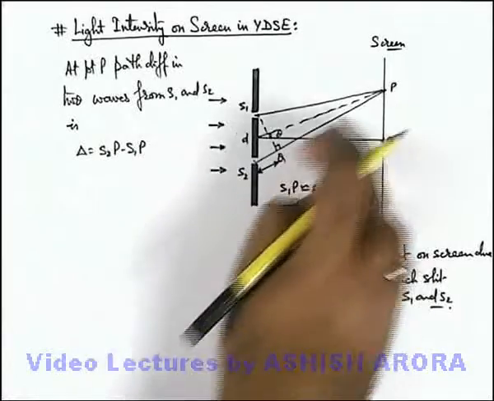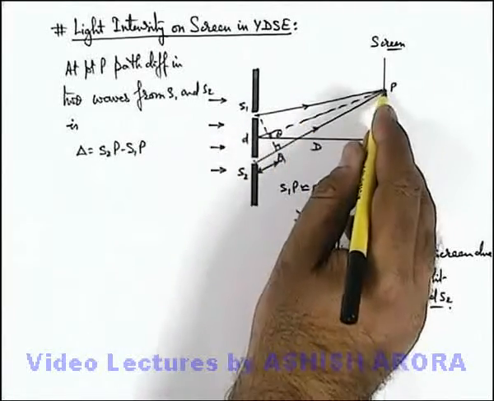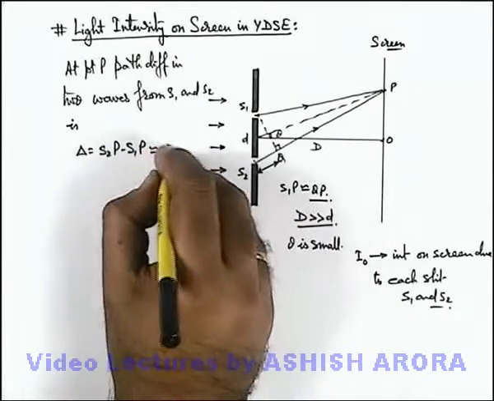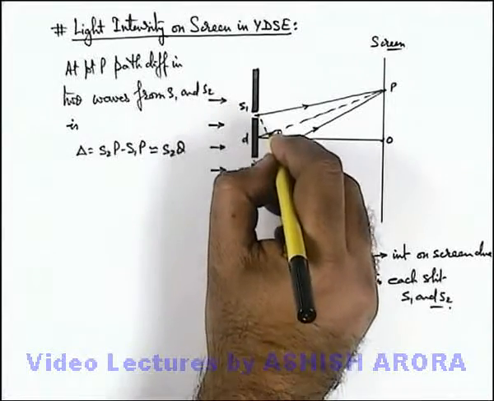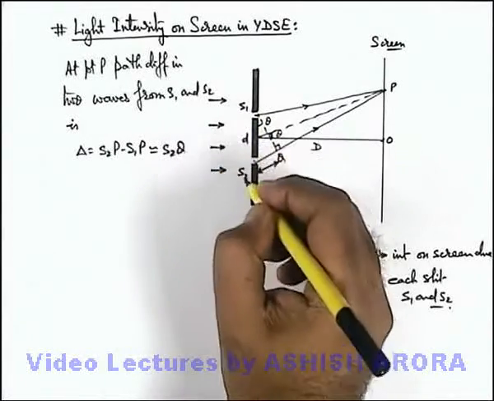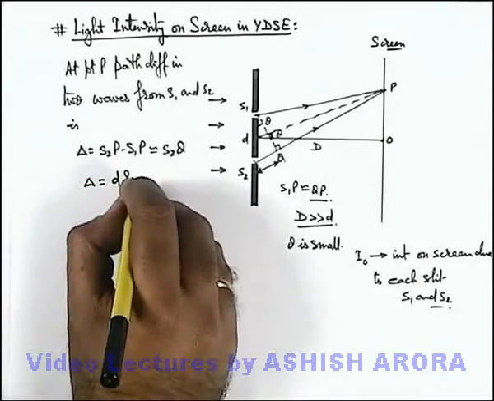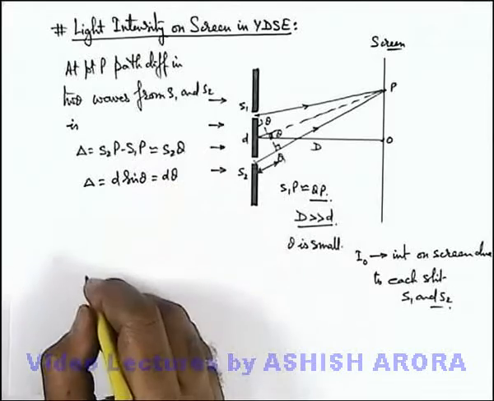This is the difference of physical path traveled by the two waves when these will interfere at point P. And this can be approximately written as S2Q as theta is small. And here if this angle is theta, this can also be taken as theta. So this distance can be written as d sin theta, and for a small theta, we can write it d theta.